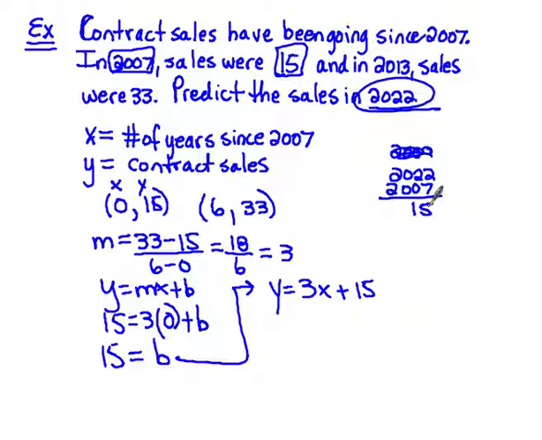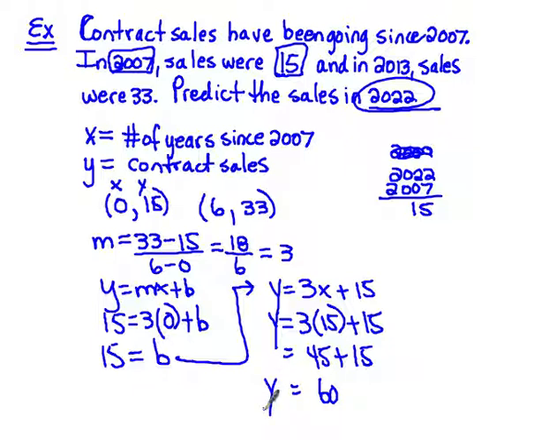So now I can plug in 15 for X. And I've got 45 plus 15, which is 60. So the Y value, and Y value is contract sales. So the contract sales in 2022 would be 60.